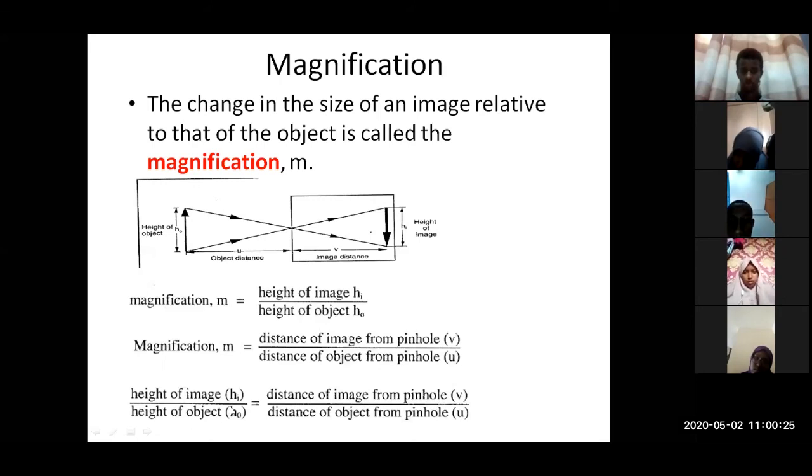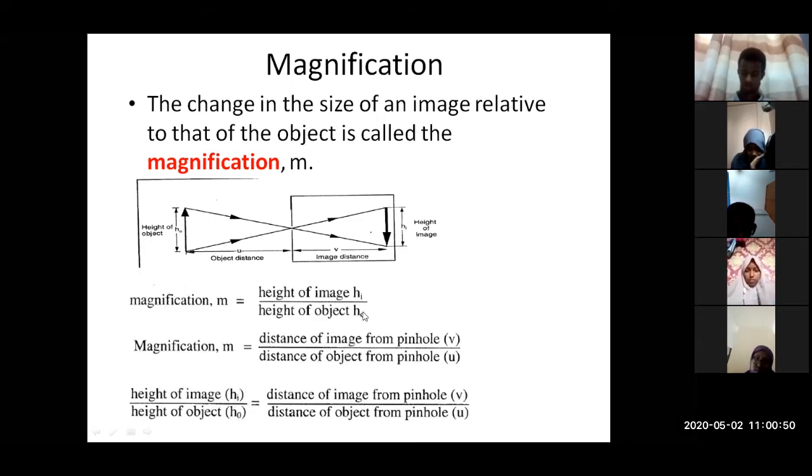So when relating the two formulas, we say HI/HO is equal to V/U. HI/HO, that's height of the image over height of the object. In fact, just remember magnification is HI/HO, where HI is the height of the image, HO height of object.